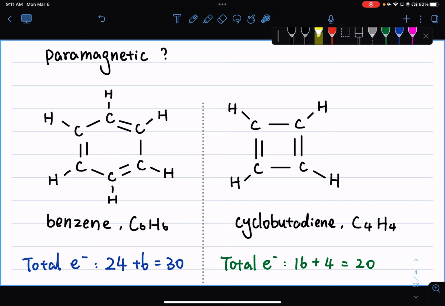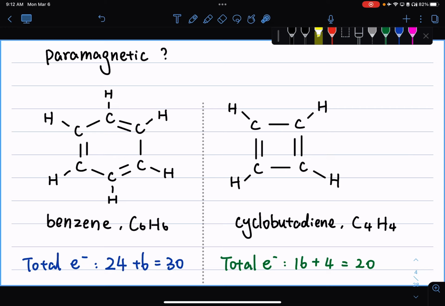So in both cases, we have a similar type of conjugated single and double bonds. We can use MO theory to understand the chemical bonds in these two molecules and try to rationalize why benzene is a very stable molecule, while cyclobutadiene is a highly reactive organic molecule. It's not stable at all.